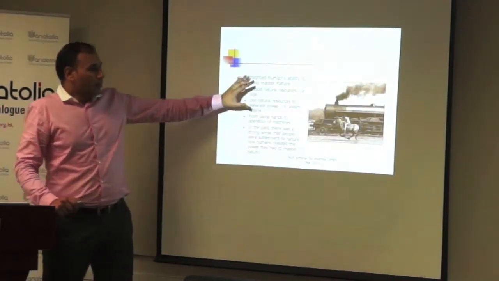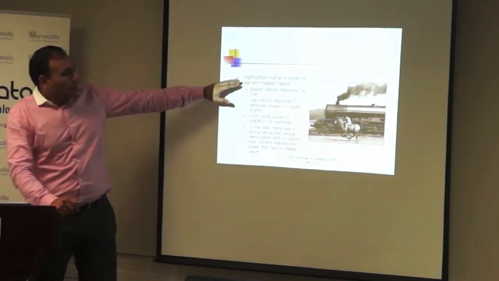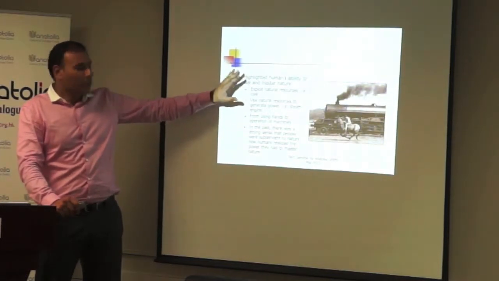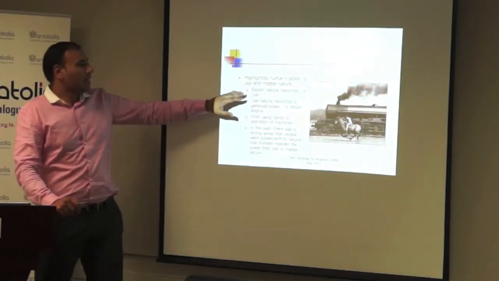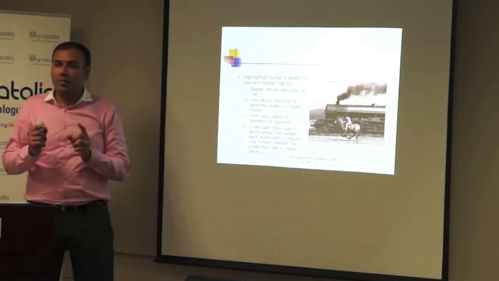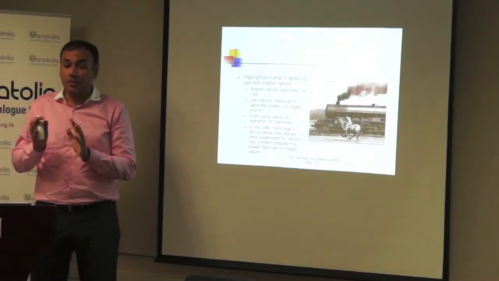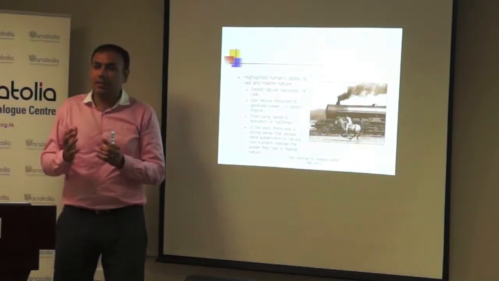So the main thing I want to highlight about the Industrial Revolution was that this was a period in time, and this is why it's important for technology. It was a period in time where people realized that they need not be subservient to technology, to nature. Before the Industrial Revolution, many people were subservient.